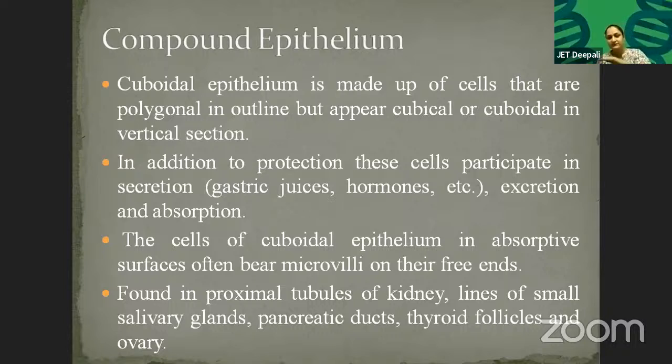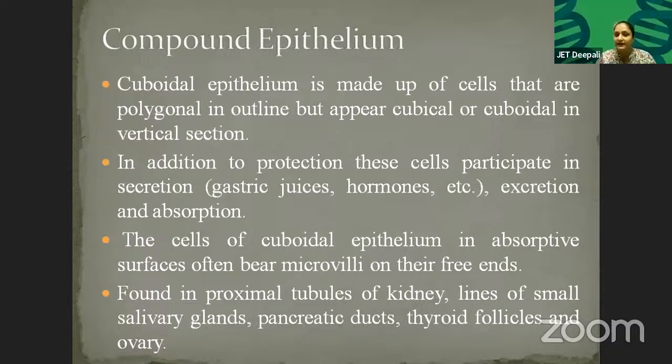Cells are attached to each other, and their free ends are the apical part of the tissue. So at their free ends, microvilli are present. I will show this with the help of a diagram. Found in the proximal tubules of the kidney. We are talking about the nephrons and the proximal convoluted tubule, PCT. Nephron is the functional unit of the kidney.